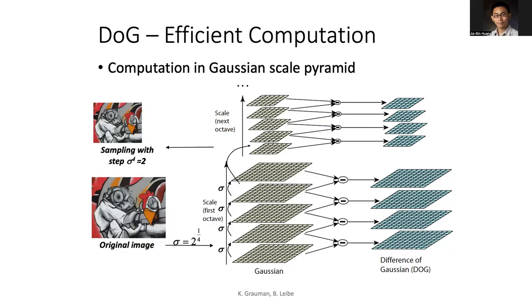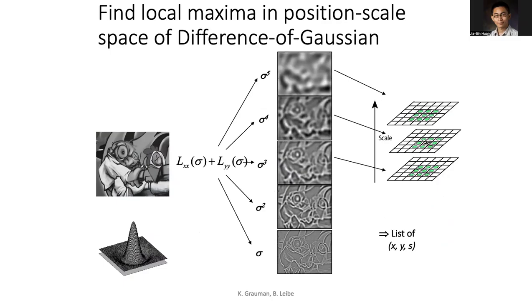Okay, so what we do is the following. If I have this image, and you have this type of filters, and they apply the filter across multiple scales, and you get something like this, all right?